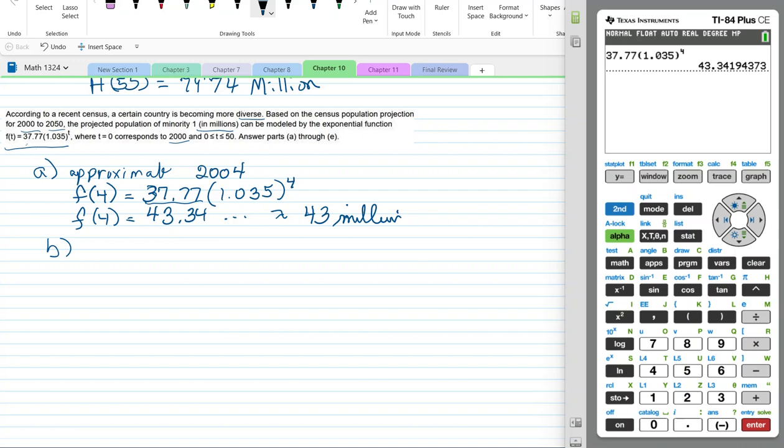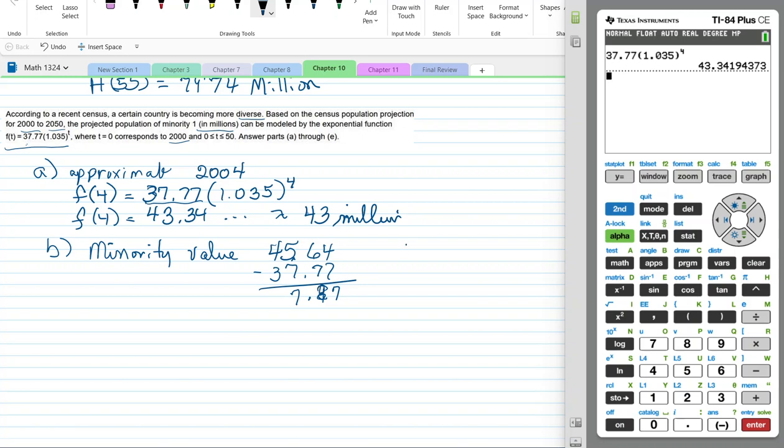All right, now, what we have now is the 45.64, and we're going to subtract our initial 37.77 to find the change, and the change is 7.87.